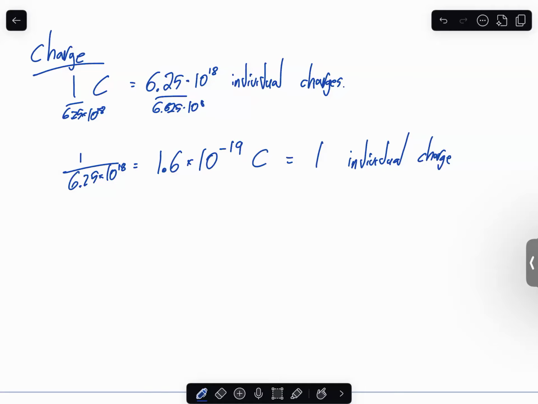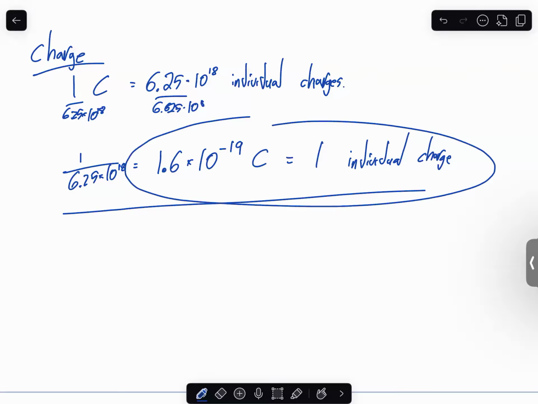I do want to emphasize, by the way, something that I hope is not new information. Electrons are negative. Stay positive. Electrons are negative. So when I say that this is one individual charge, what I really should say is this is the absolute value of one individual charge. The charge on a proton, Q_P, is 1.6 times 10 to the negative 19.